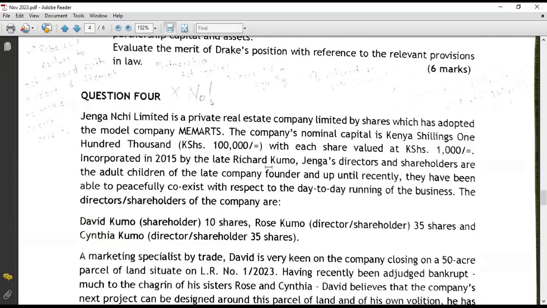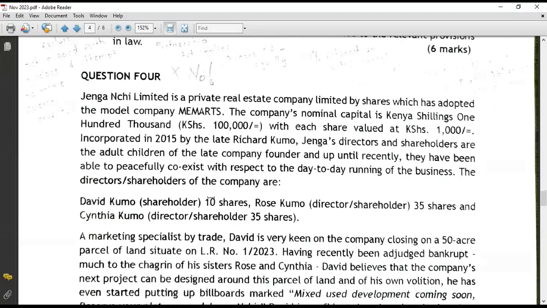Incorporated in 2015 by the late Richard Kumo. Jenga's directors and shareholders are the adult children of the late company founder, and up until recently, they have been able to peacefully coexist with the day-to-day running of the business. The directors and shareholders are David Kumo, shareholder, 10 shares, Ruth Kumo, director, shareholder, 35 shares, and Cynthia Kumo, director, shareholder, 35 shares.